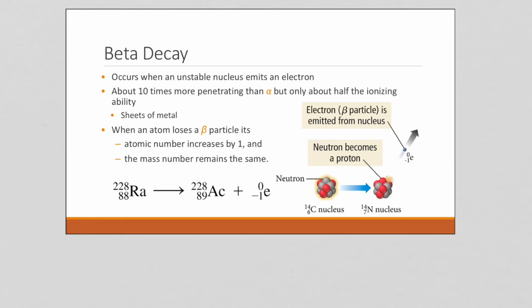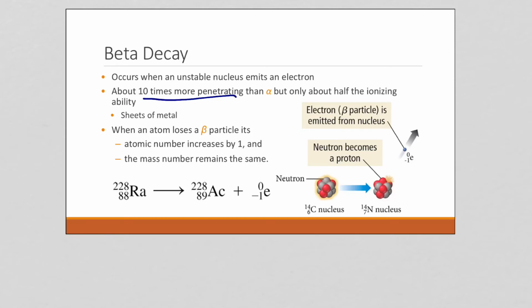Beta decay. This is when an unstable nucleus emits an electron. We call it a beta particle, but functionally it's emitting an electron. Now, beta particles are much, much smaller than an alpha particle. They are much more penetrating, about 10 times more penetrating than alpha particles.